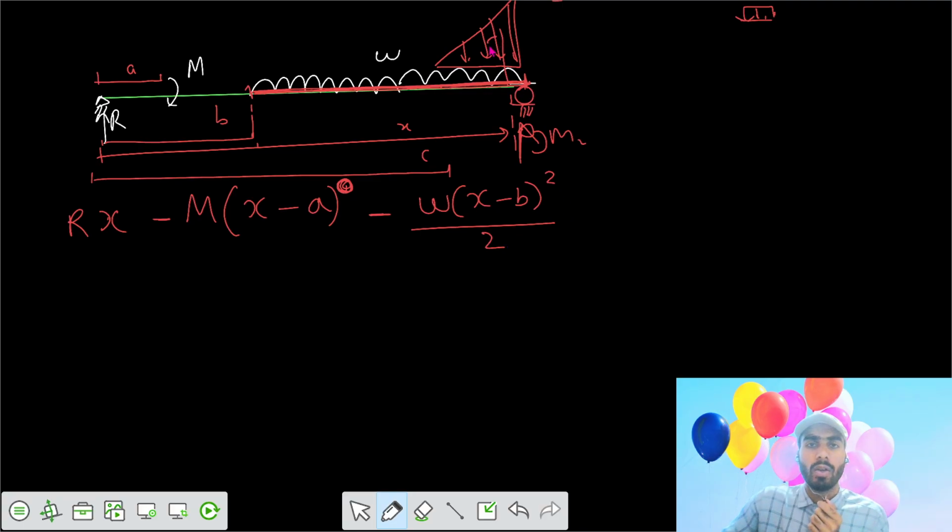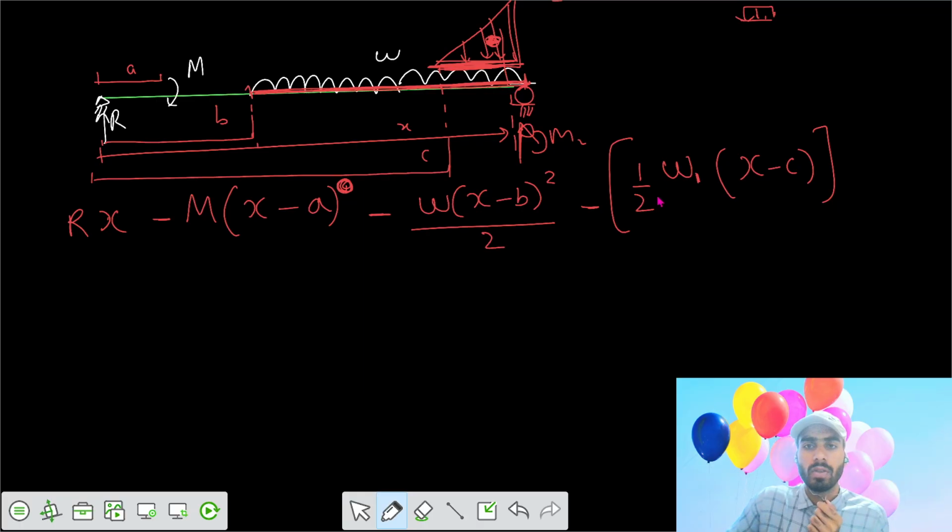Then after that you have the uniformly varying load, and its centroid is here. So we can say it's after the point C. So we can write the area of that diagram, that's 1 by 2 loading intensity W1, and the length for which it acts equals X minus C. So this part is the area of the loading, and it's valid for this part.